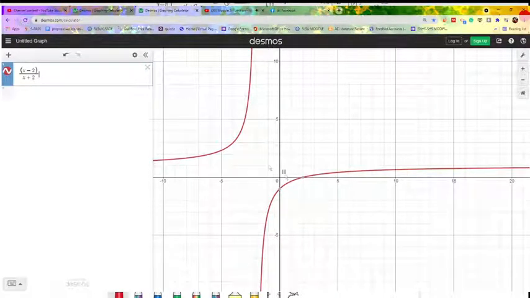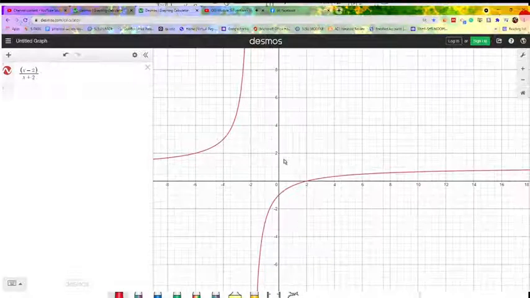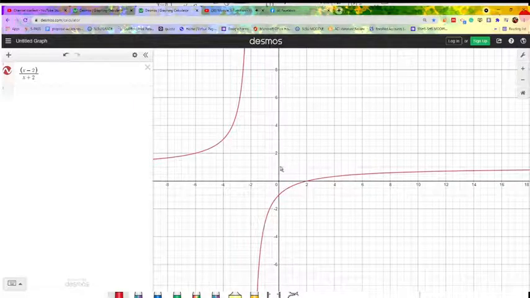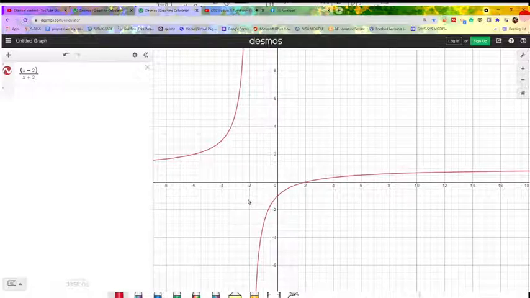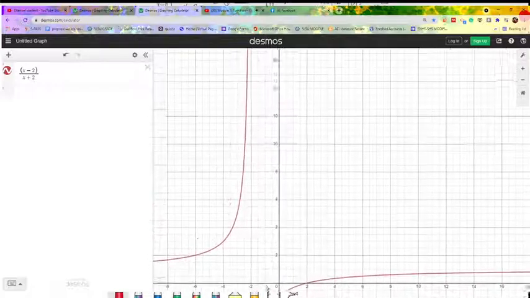Okay, so again, what is our horizontal asymptote? It is at 1. At some point of 1, we're not going to meet that line there. It will be almost on that line, but it will never touch. The same thing with the vertical asymptote here, -2. It will never touch the line of -2.